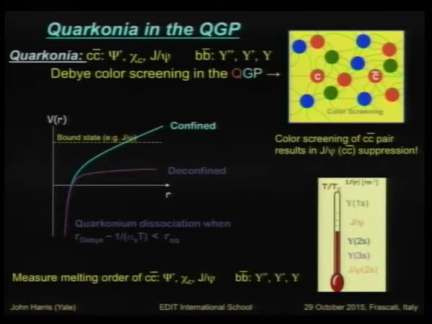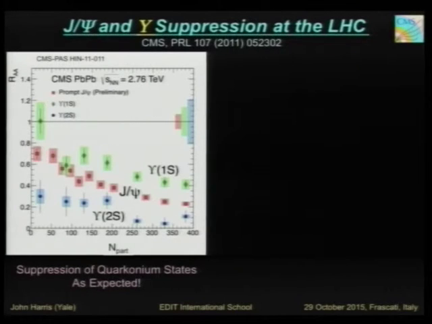They're easier to break up, so they would be more easily color screened. And then as you get up higher in temperature, the J psi and then the upsilon. It's not clear that you could even, at least in these collisions at these energies, break up the upsilon ground state. So that's the background for doing these measurements.